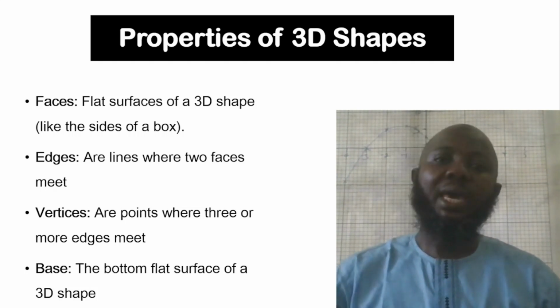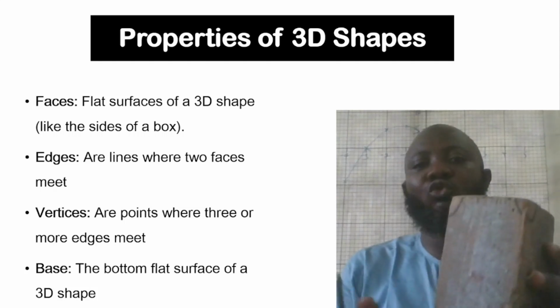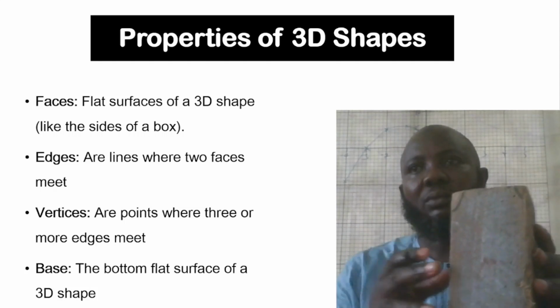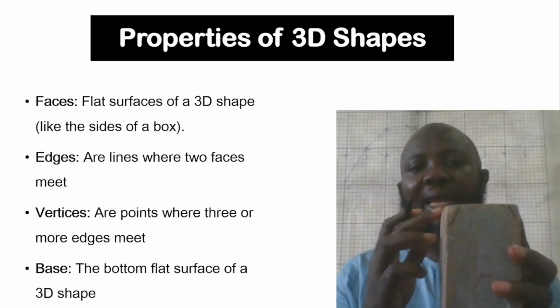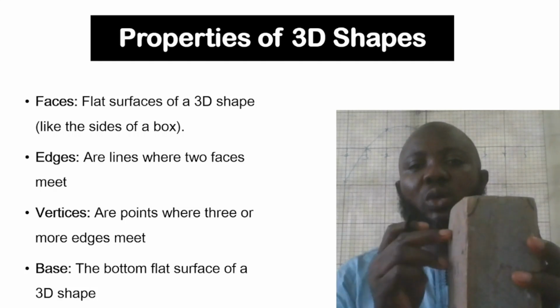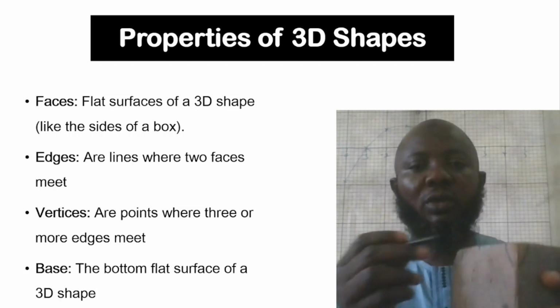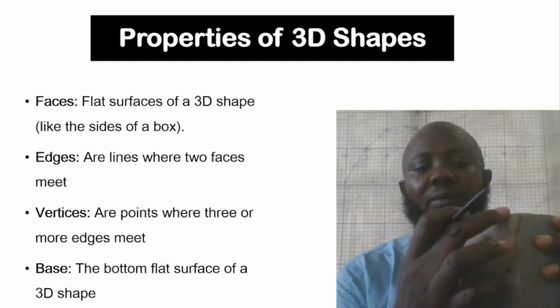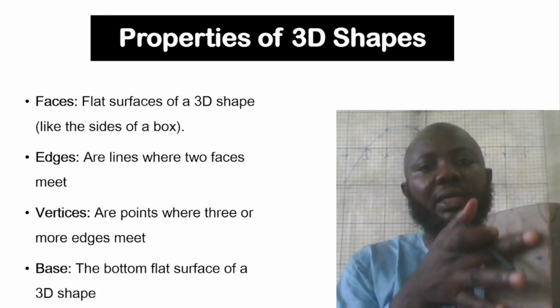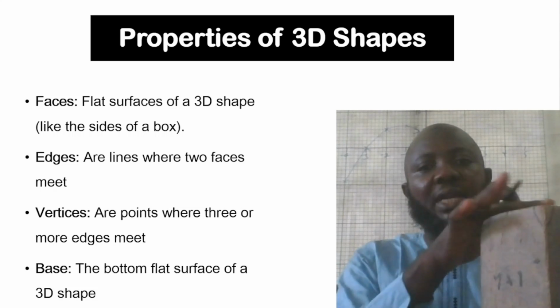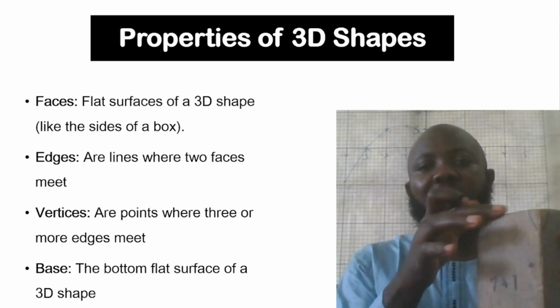Then edges. An edge is a line where two faces meet. If you look at this line here, it is an edge. This is a face and this is a face. This face and this face meet to form this line.